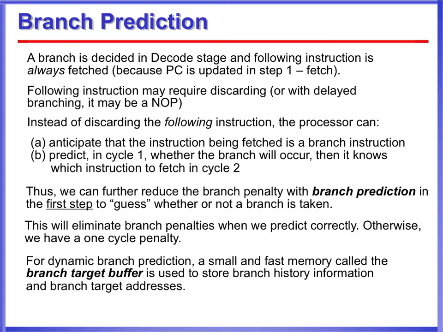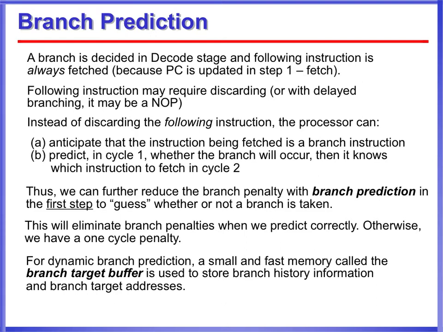Because when you execute one instruction, step one is fetch the instruction and update the program counter to point to the next instruction. So really in step one, the processor's already made a decision of where it's going next. It's going to the next instruction by updating the program counter to point to the instruction that comes after the branch, right? So they said, well, in step one, what if we can predict two things.